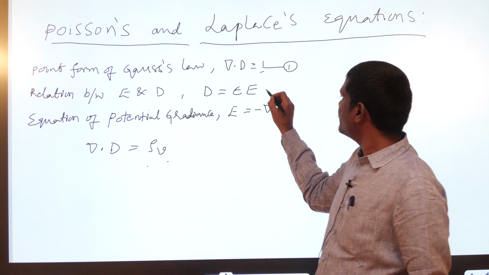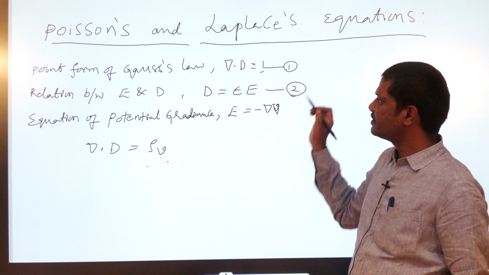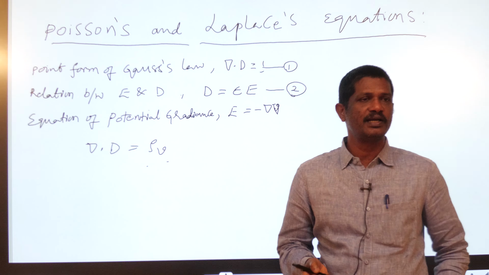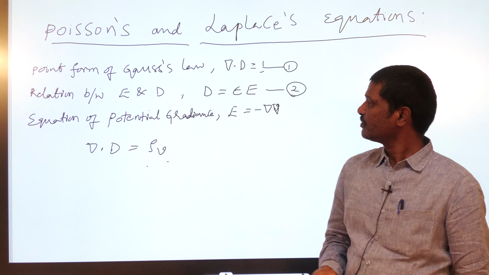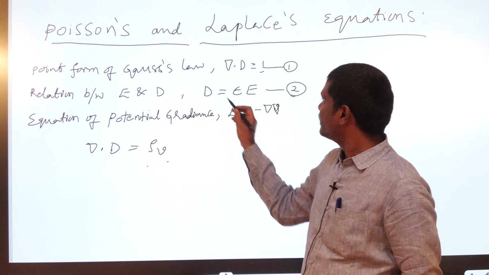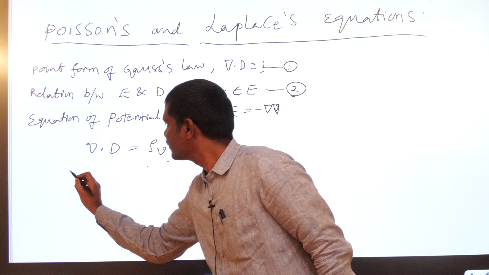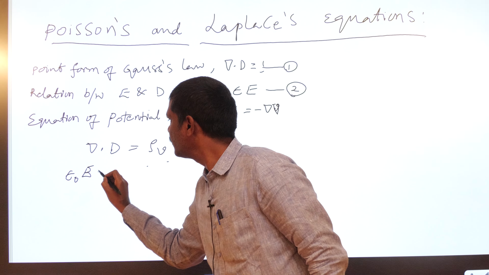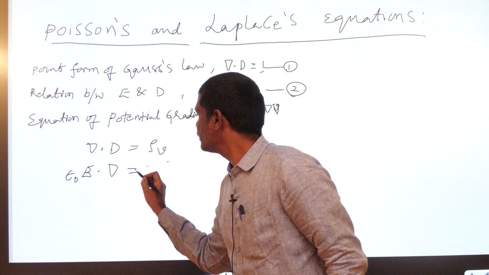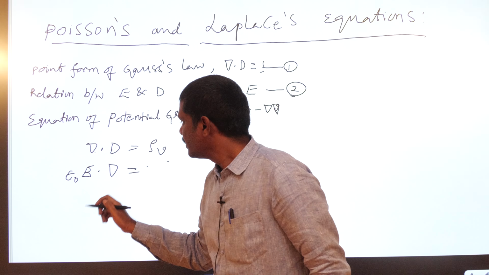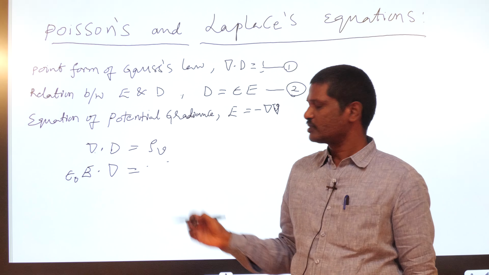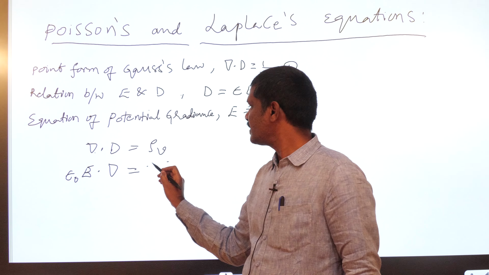Then take the second equation, which is the relation between the electric field intensity and the electric flux density, and substitute D as epsilon E. Then this equation is epsilon naught E dot del is equal to rho V.